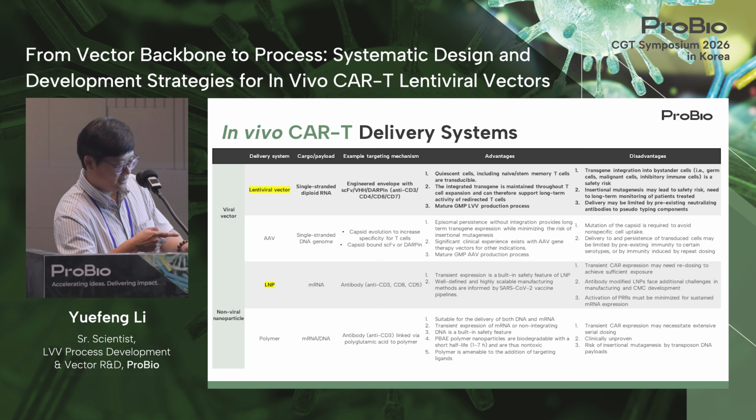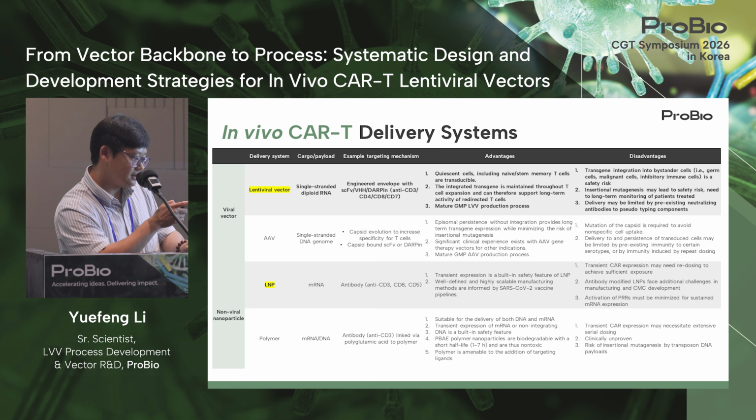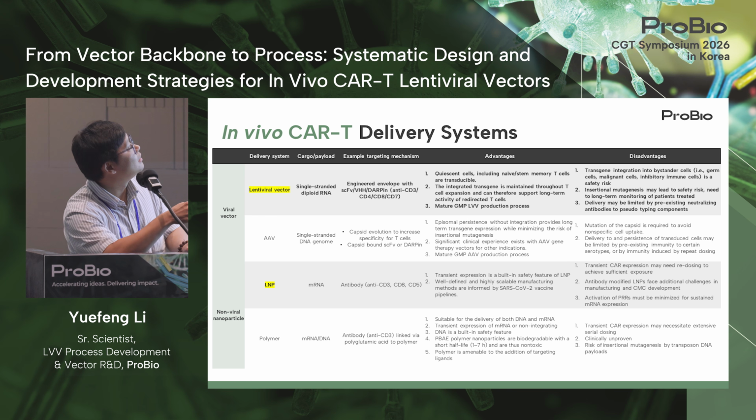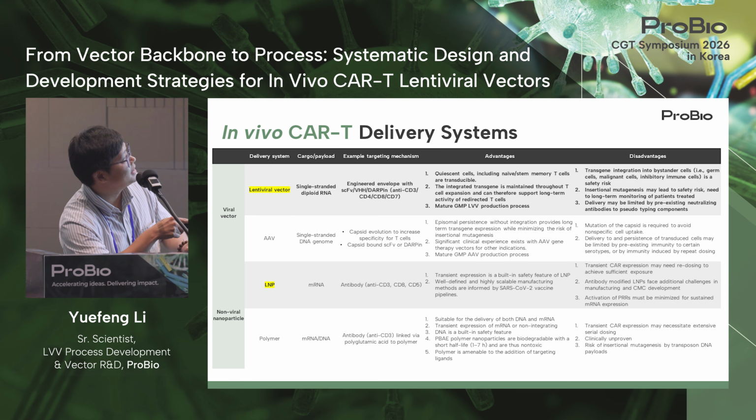The most important one is that lentivirus can integrate its gene into the genome, so the therapeutic effect will be very long term. Sometimes it can last for 10 years, several years, as long as the transgene is not silenced by the patient's genome.